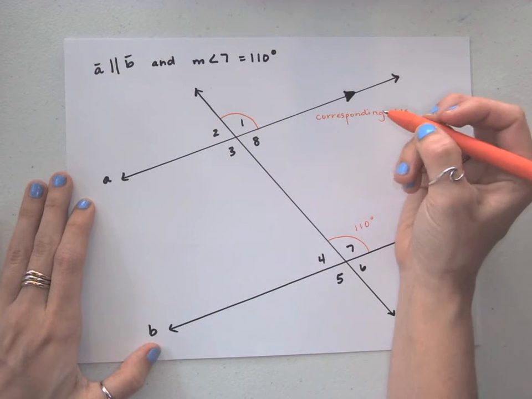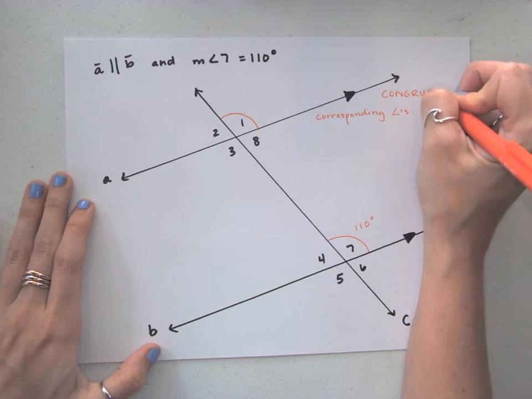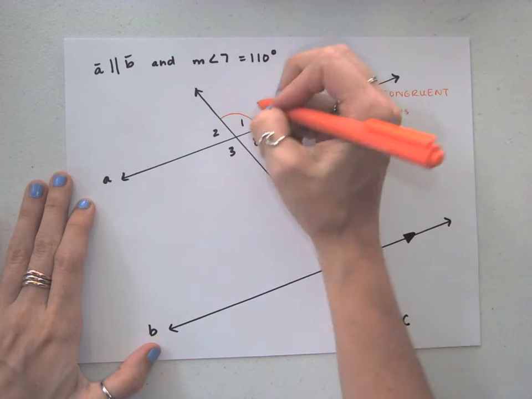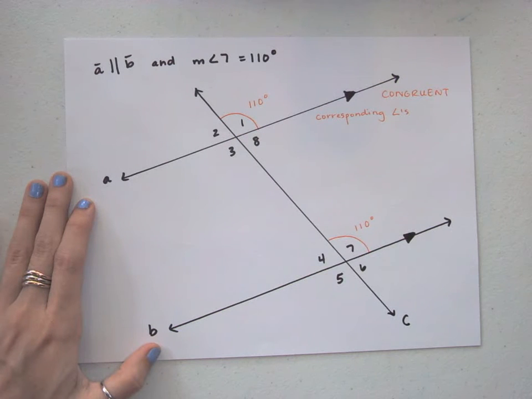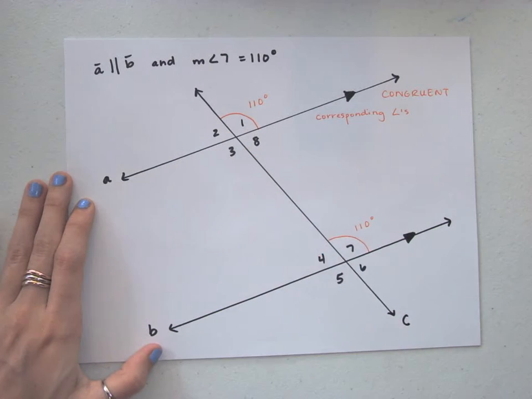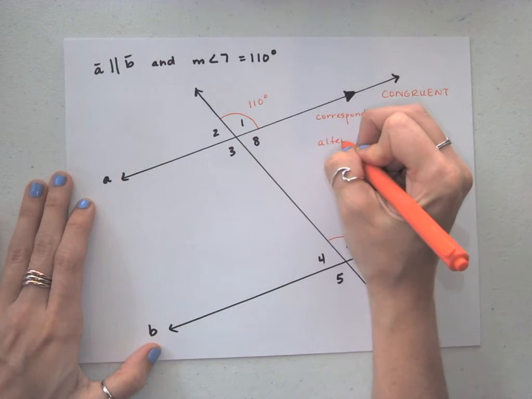And corresponding angles are congruent. If angles are congruent, it means that they have the same measure. So therefore, angle 1 is also 110 degrees.